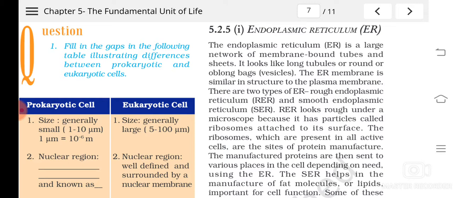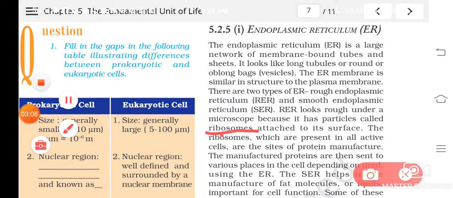And they are of two types. What are they? RER and SER. RER means rough endoplasmic reticulum, and smooth endoplasmic reticulum is the SER. Why did RER get its name? Because of a special type of organelles called ribosomes attached to it.